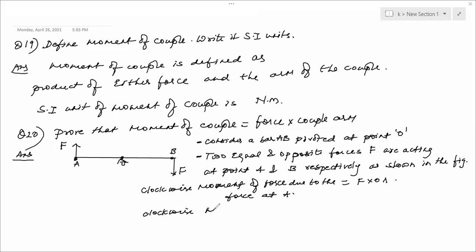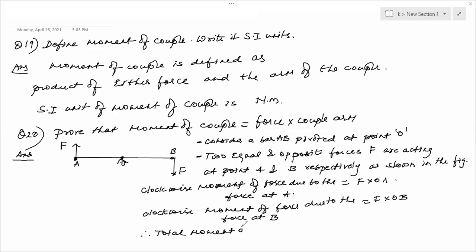Clockwise movement of force due to the force at B is equal to F into OB. Therefore, total moment of force is equal to, since both are clockwise, F into OA.